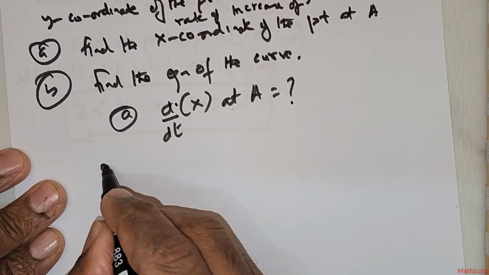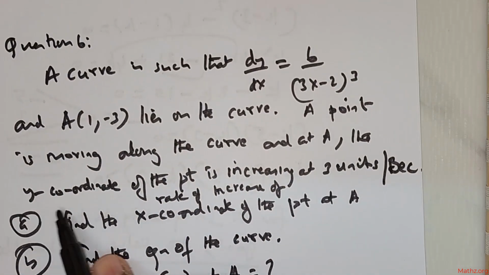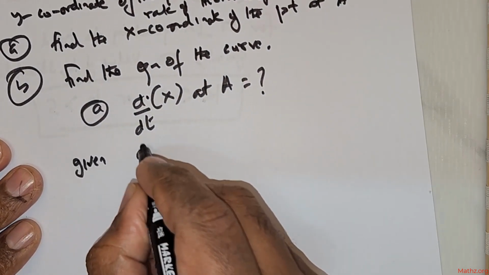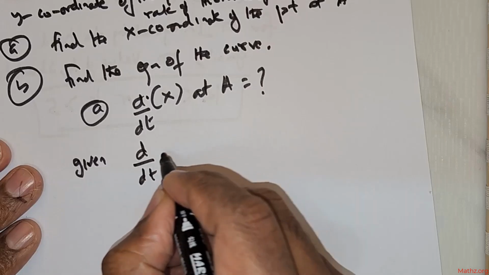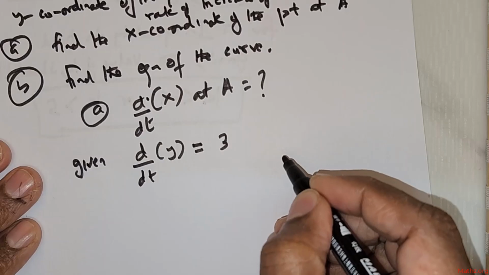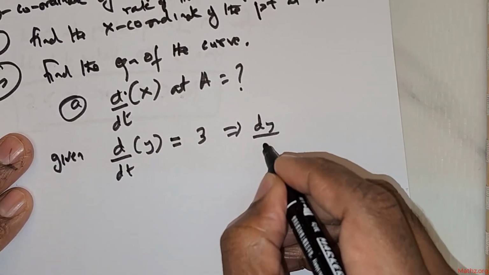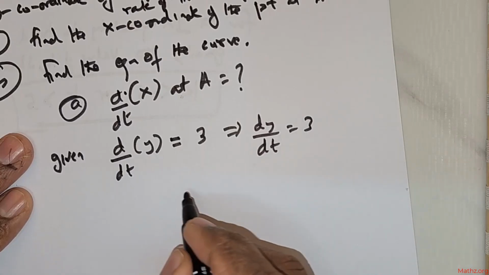But what are we given? Given is that the y coordinate of the point is increasing at 3 units per second. So d over dt of y is given to be 3 units. This means dy over dt is equal to 3 units.